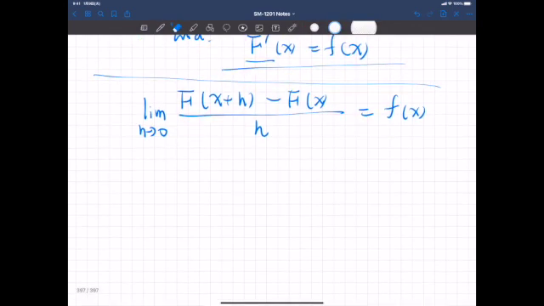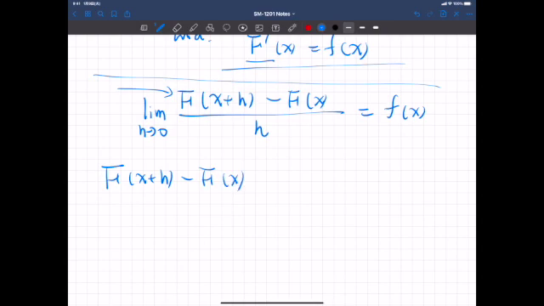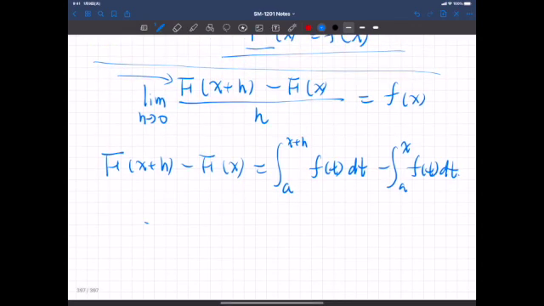Okay, and from the nature of integration as the signed area, we have in this numerator F of x plus h minus F of x, as the integral from a to x plus h minus the integral from a to x, and this should be equal to the integral from x to x plus h.